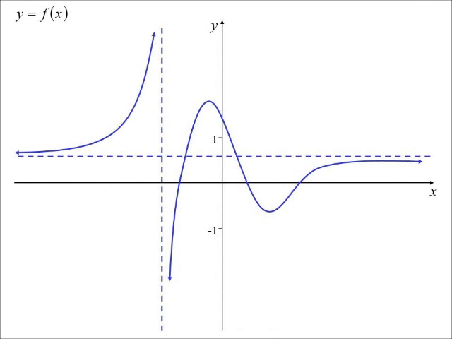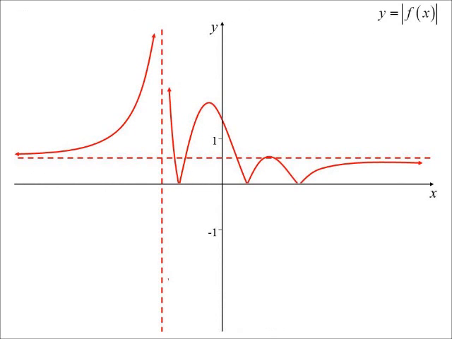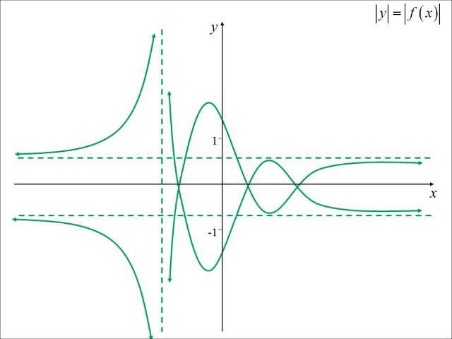Then we worked out that was the absolute value of function x, but now we're saying absolute value of y is equal to the absolute value. And so we have that lovely thing. Because whatever was positive, well, it was already all positive, but now we could have plus or minus for y. So you can get some really interesting looking curves.